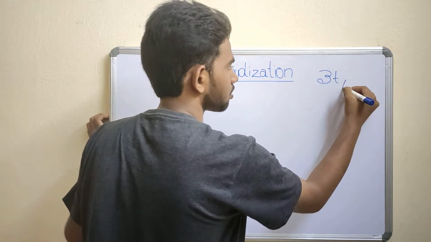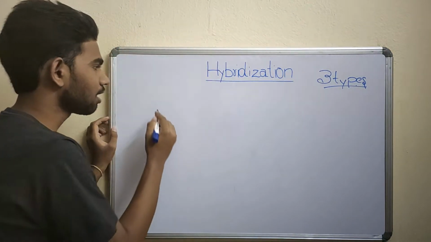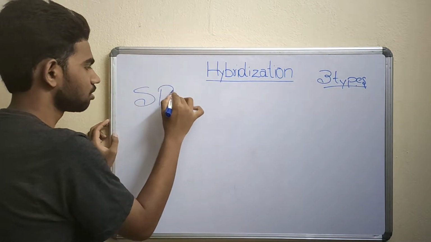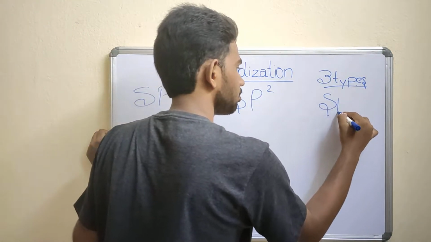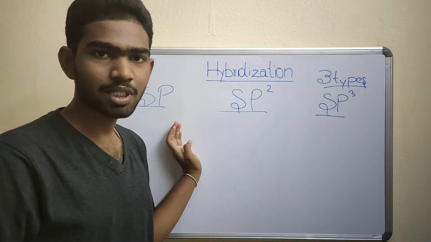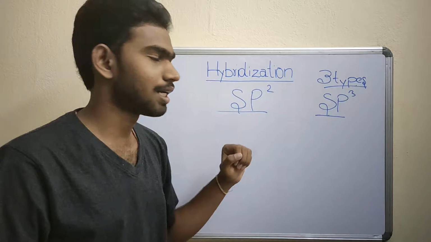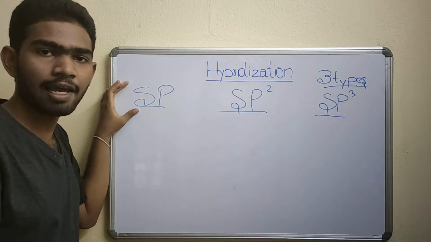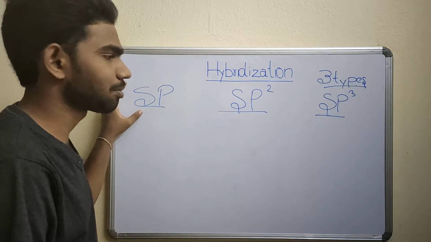Regarding s and p orbitals, hybridization is of three types: sp, sp2 and sp3. Firstly, I will explain the definitions of these orbital hybridizations.